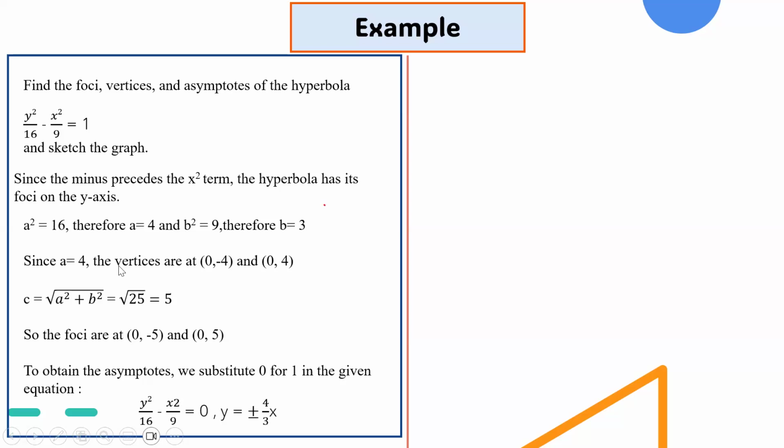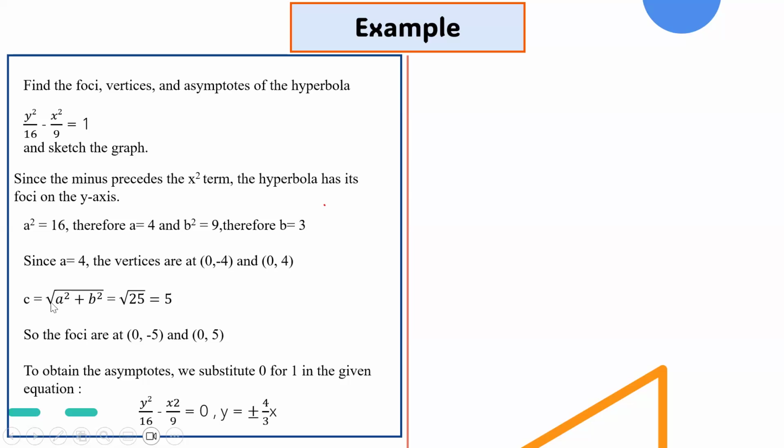Since a is 4, then our vertices are 0, -4 and 0, 4.